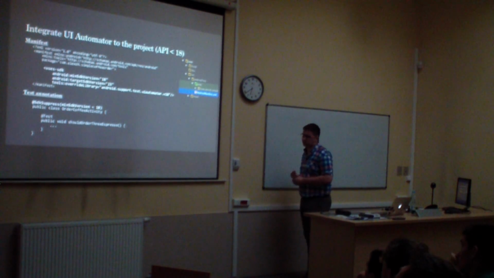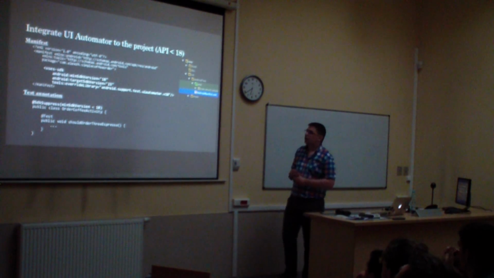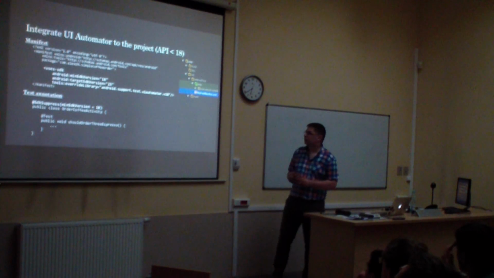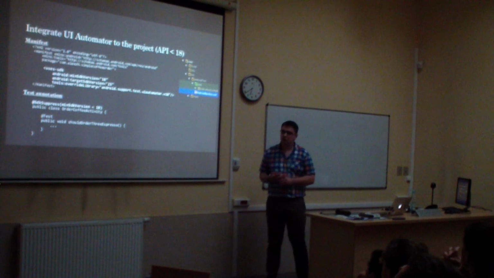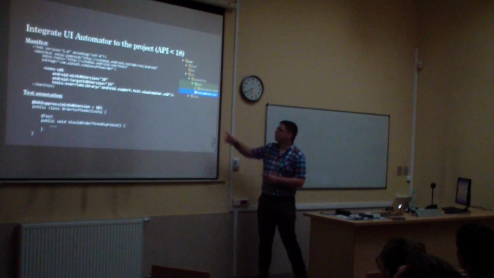Not all projects and not all applications have a minimum version of 18 or higher. First case, you can create a manifest file and overwrite the minimum version of API. You must create this Android manifest file inside the androidTest folder.